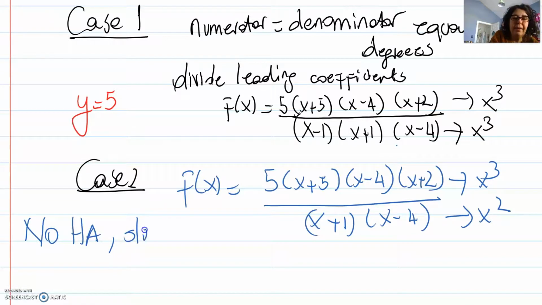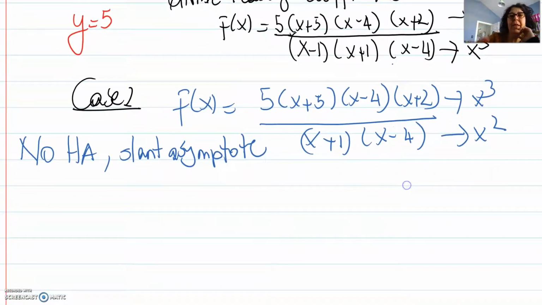There is a slant asymptote. Okay, we need to perform that division and get the equation of y, but we're not going to have a linear like y equals 5 or y equals 3 horizontal asymptote. It will not be horizontal anymore. It will be a slant. It will be a line. Okay, case 3.